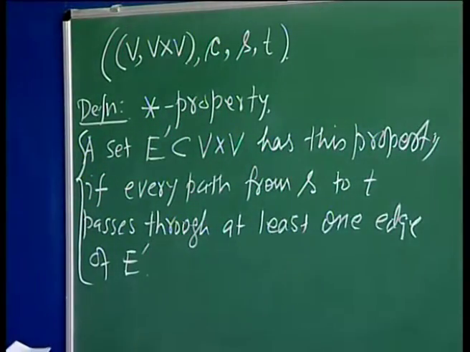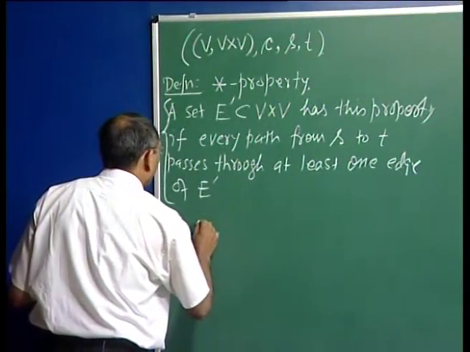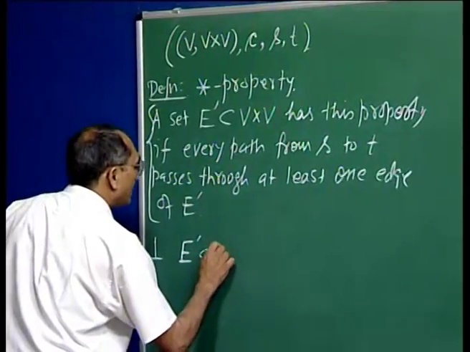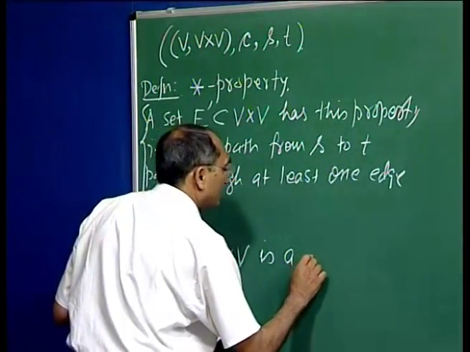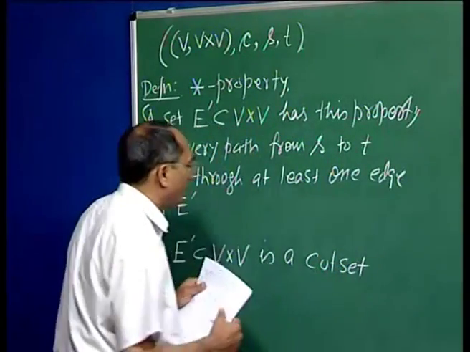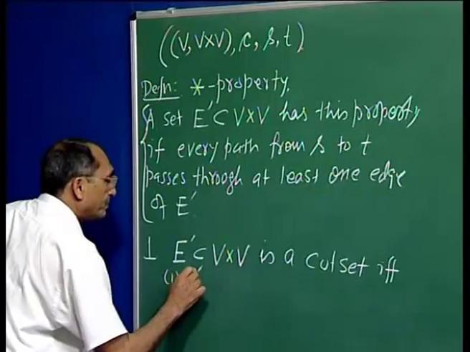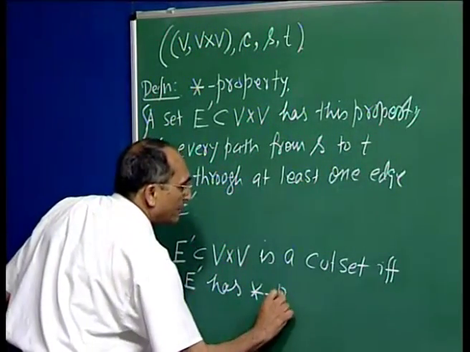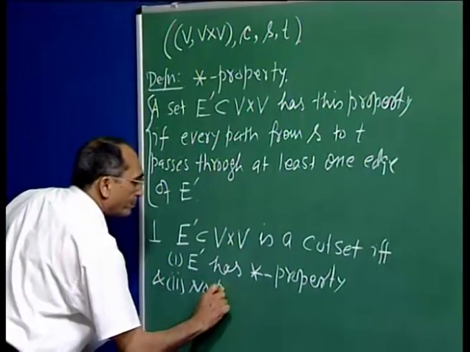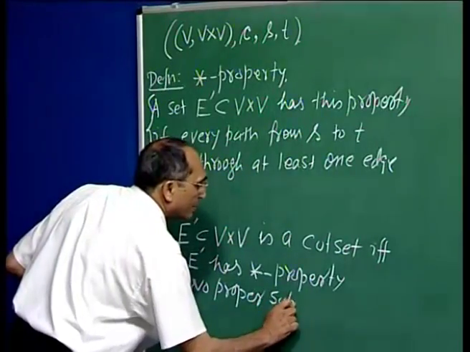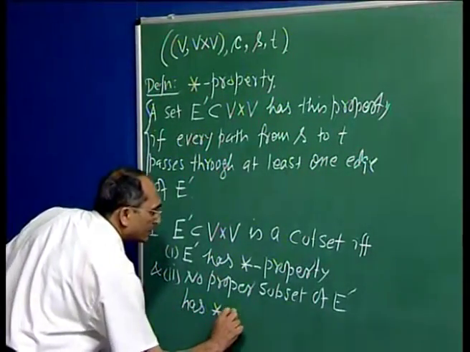Then just let me review the results. One was that E prime, which is a subset of V cross V, is a cut set, or the edge set of a cut set, if and only if 1, E prime has star property, and 2, no proper subset of E prime has star property.